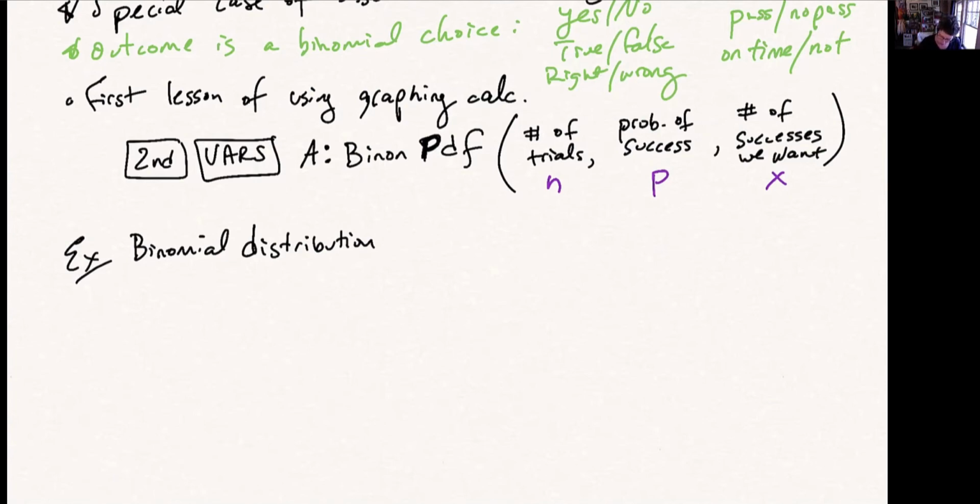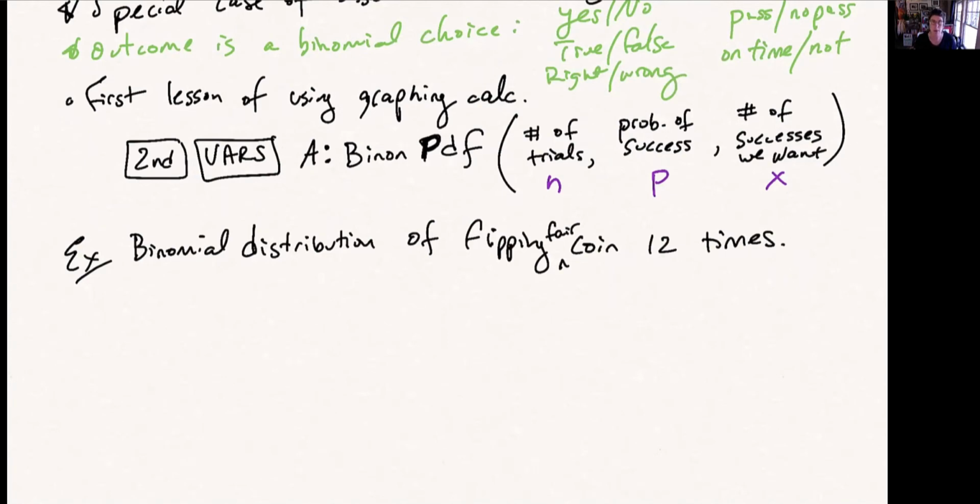So let's say I have a binomial distribution of flipping a coin, let's say 12 times. And so for flipping a coin, we know the probability of getting a heads is 0.5. I should actually also add that I'm talking about flipping a fair coin, because that means it really is a 50-50 chance. If it's not a fair coin, then one side is weighted to give a different probability. But we're going to talk about a fair coin. So in this case, my probability of success is 50%.